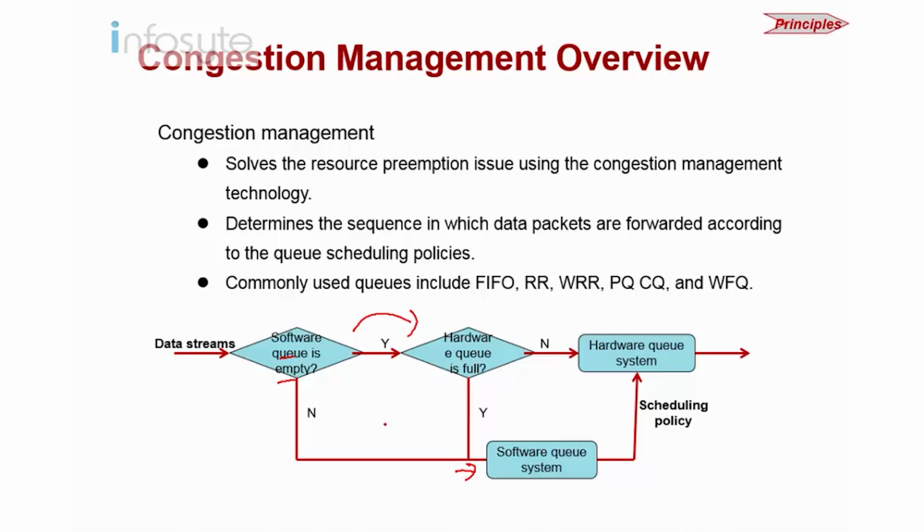Now most likely when you are coming in, when your software queue is not empty, then you will go into queue into the software, and the software then will have the queuing. Over here it can be FIFO or it can be round robin. So all this method will be implemented under the software queue system. Okay, so this is where we are going to look into all this one by one.